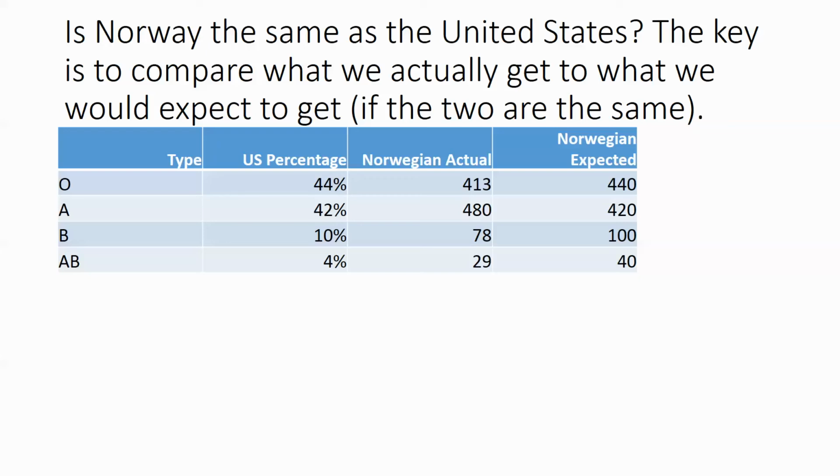So in the United States, 44% have type O. So out of 1,000 Norwegians, we would have expected 440. We really got 413. We would have expected 42% or 420 with type A blood. We actually got 480. So we compare what we actually got with what we would expect if the blood type was distributed according to the given percentages that we got from the United States.